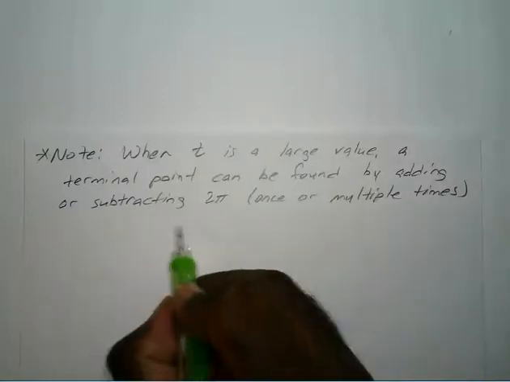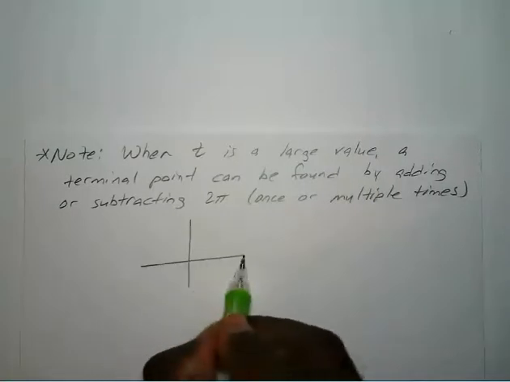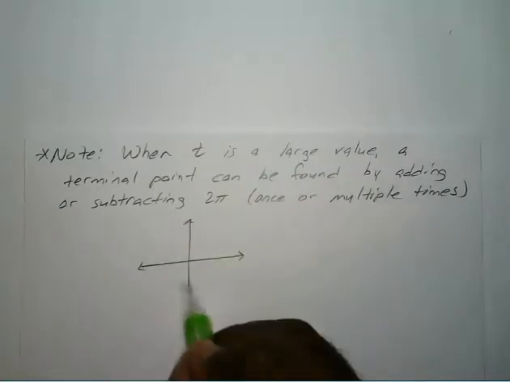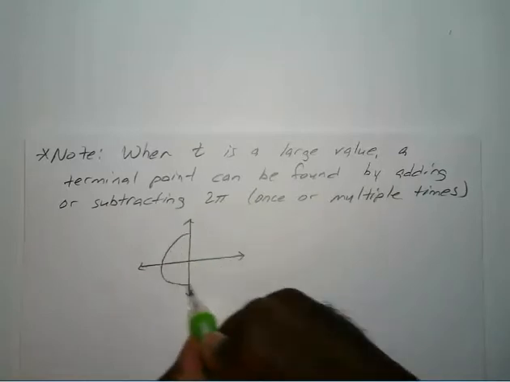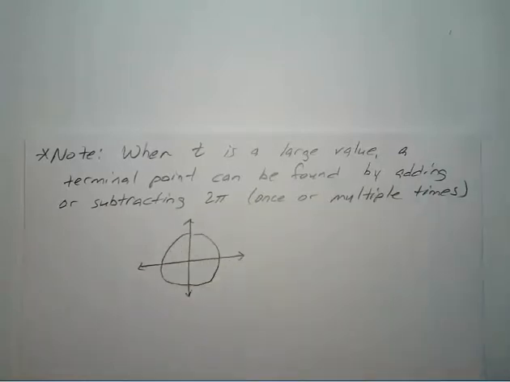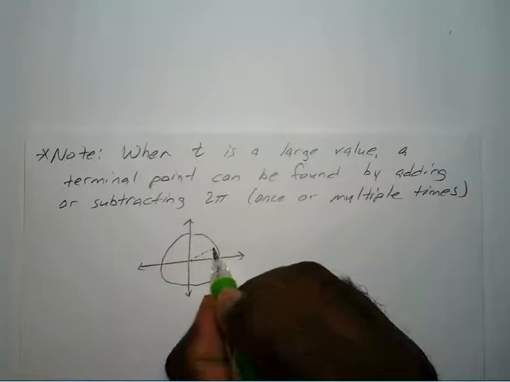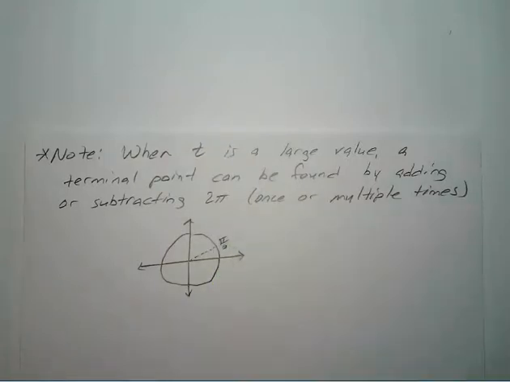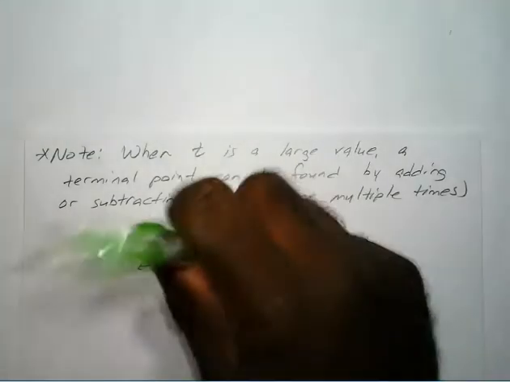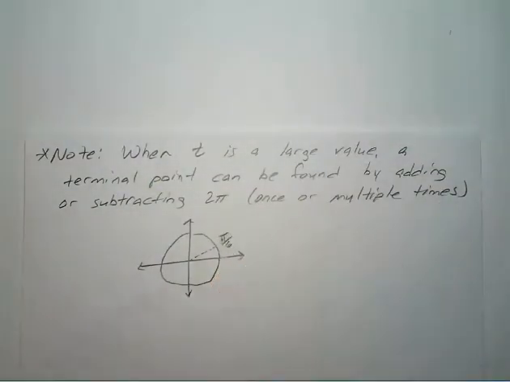Okay, so for example, let's say we have our unit circle, and from our unit circle, we're going to look at, let's say, pi over 6.